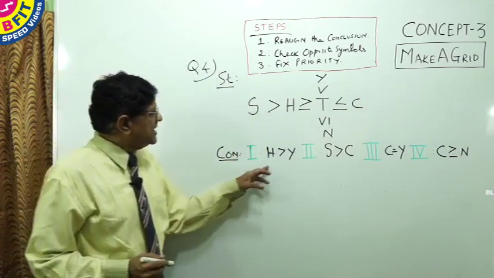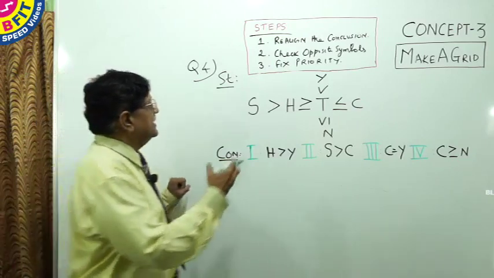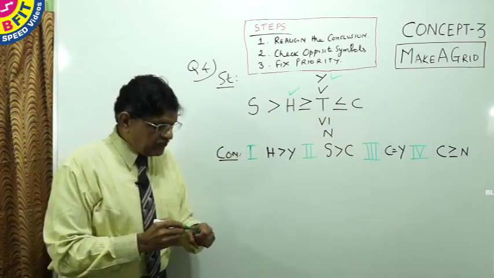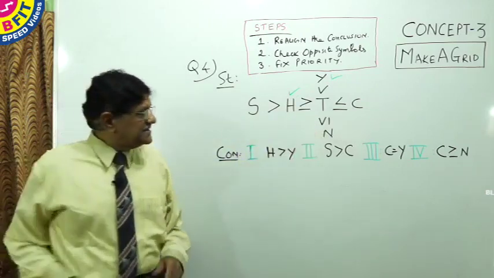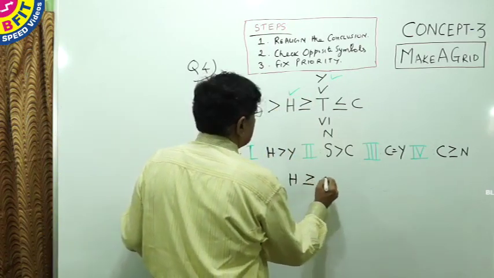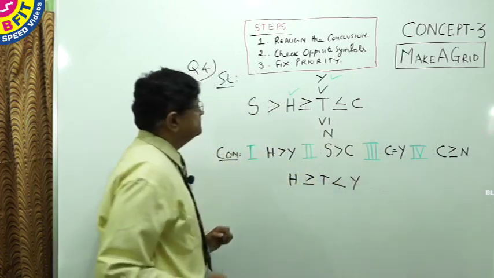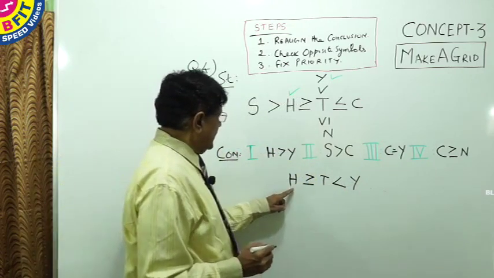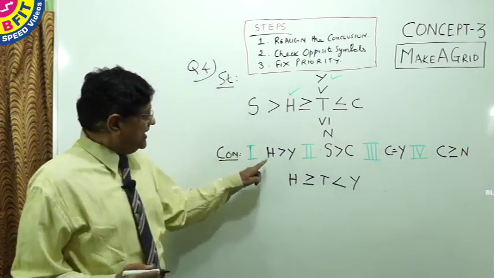Now let us look at H and Y. Where is H? H is here, Y is here. Now we have to form a single statement connecting H and Y. We will write a single statement: H is greater than or equal to T, is less than or equal to Y. H and Y in the conclusion are in the same order, therefore we need not realign.